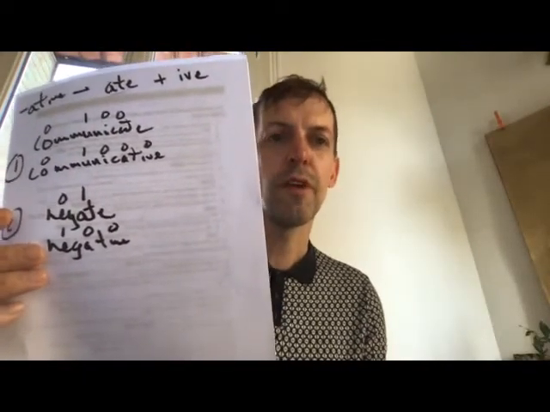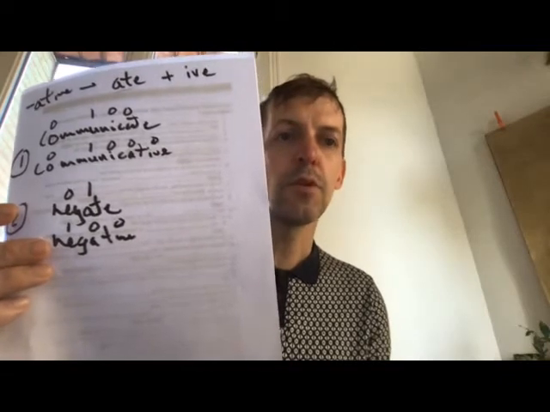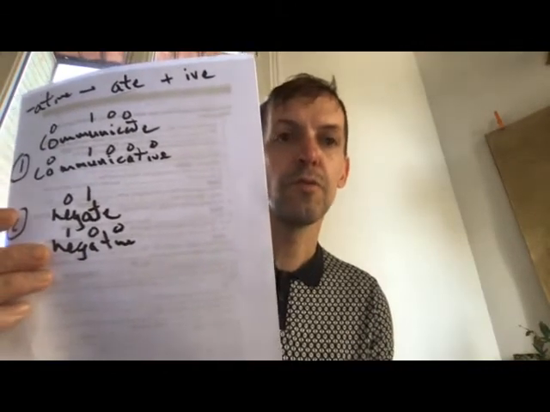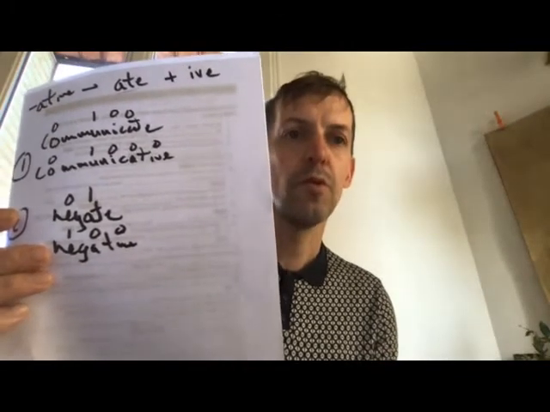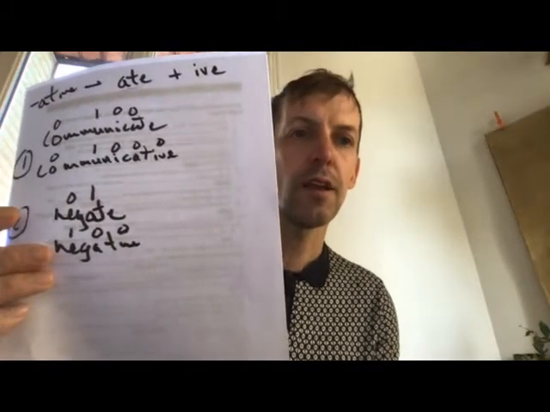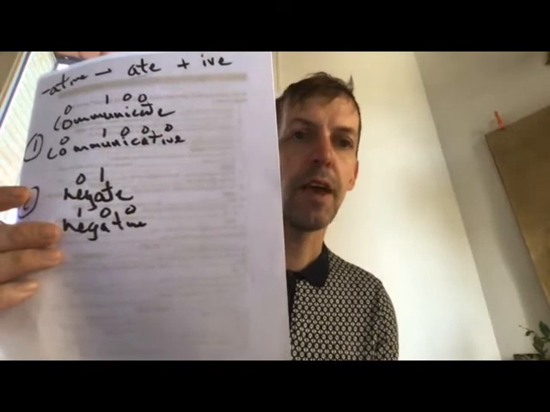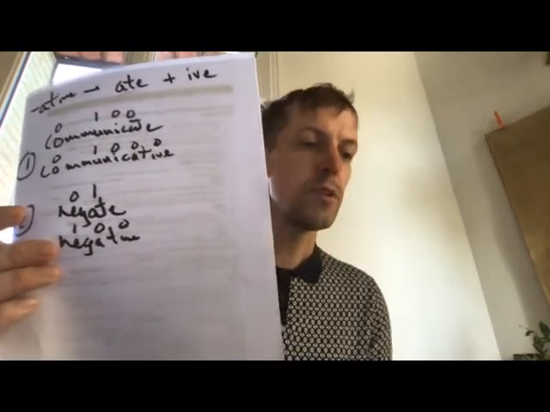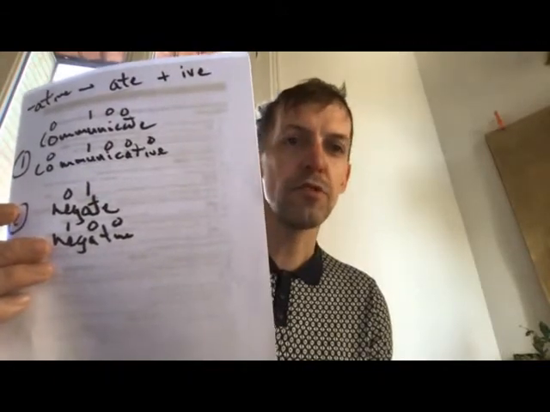When I say real derivation, in the case of communicative and negative, we can get rid of the ive, and we can find the original immediately derived word, right? Meaning communicate. Communicative is derived from communicate. Negative is derived from negate. So there is an original word that ends in ate, right? But sometimes this original word doesn't exist.